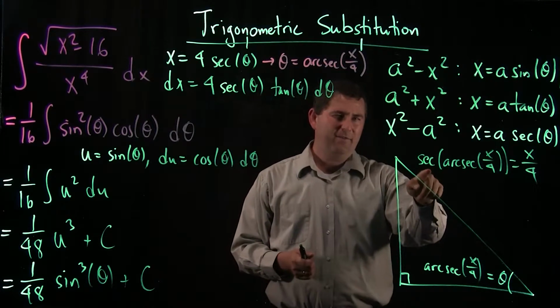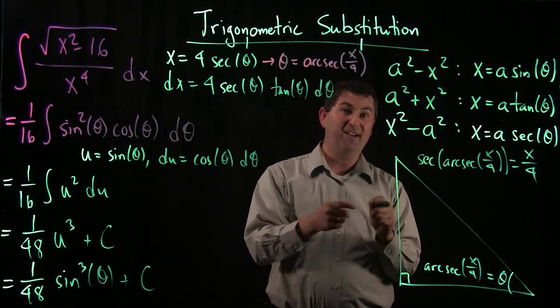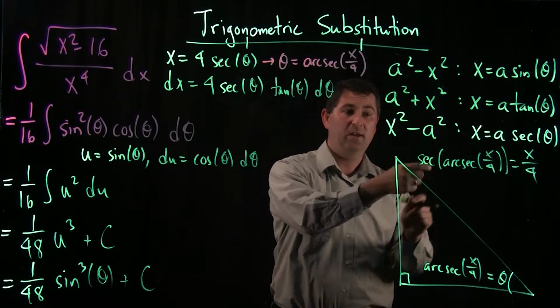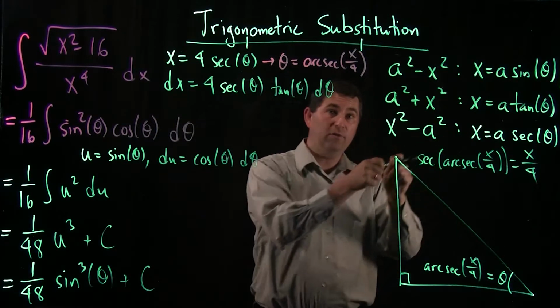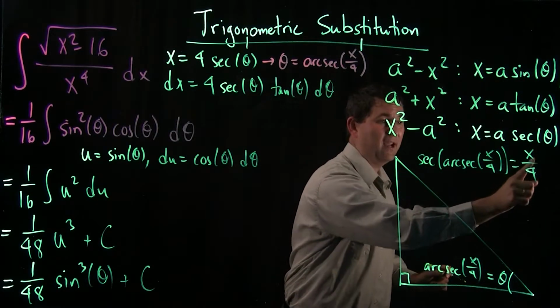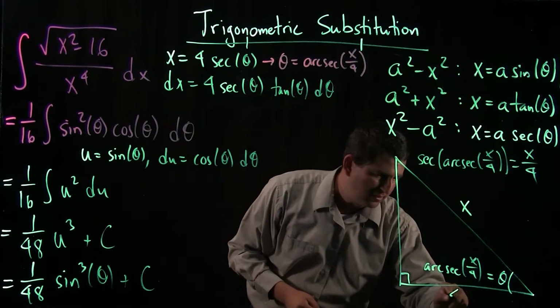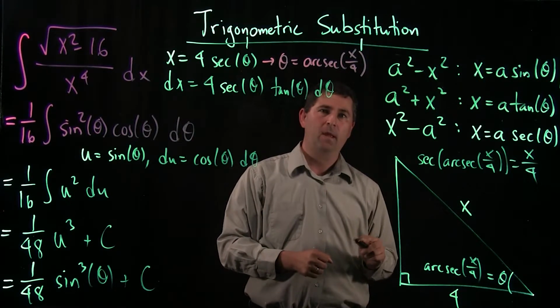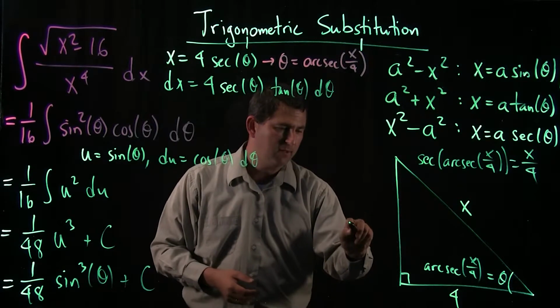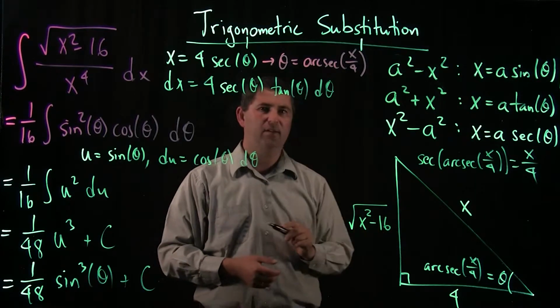So how do you find the secant? Well, secant is 1 over cosine. Cosine is adjacent over hypotenuse. So secant is hypotenuse over adjacent. So if the hypotenuse over the adjacent is x over 4, then I label the hypotenuse as x and the adjacent side with a 4. Use the Pythagorean theorem. I get that the third leg has length the square root of x squared minus 16.